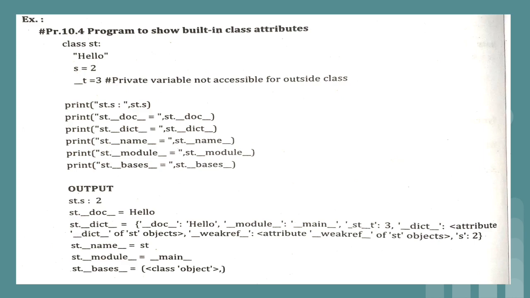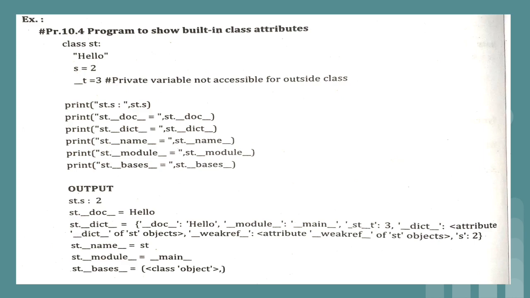Then we have dict. Dict basically gives you all the information about the specific program. Just see the output for st.__dict__: you got the output in curly brackets, so it is displayed in dictionary format, with key and value pairs. The first key is doc and its value is hello.